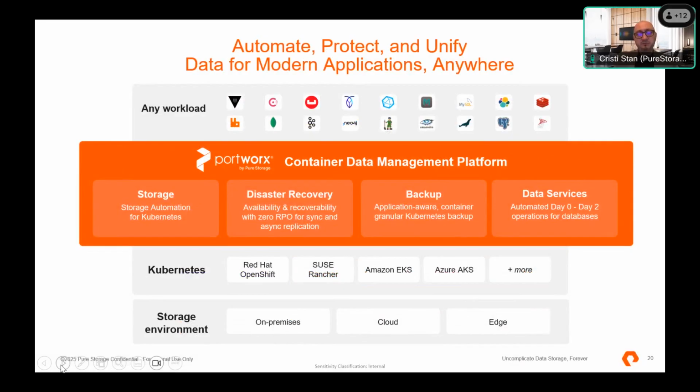So as I mentioned, we can run on any Kubernetes distribution, let's say most of the Kubernetes distributions. We can integrate with most of the platforms which are available right now in the industry. And from the application perspective, it's very agnostic.